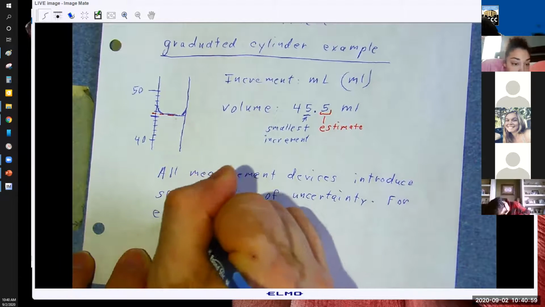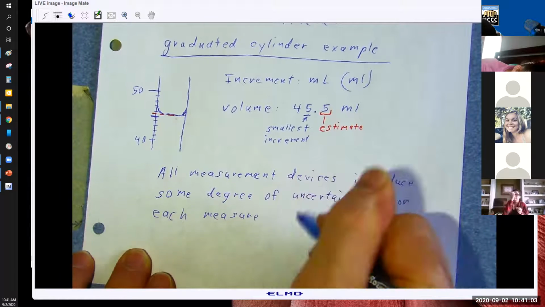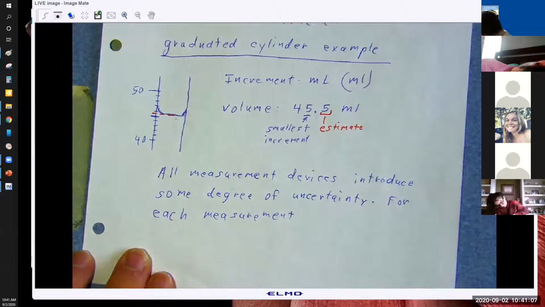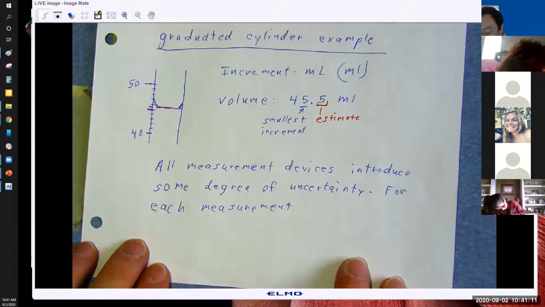For each measurement, someone complaining about my writing.